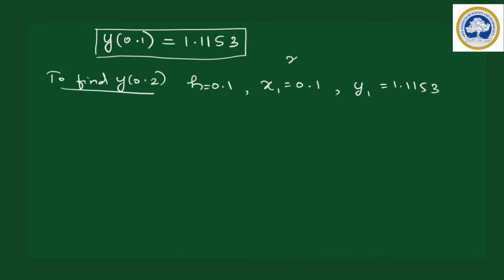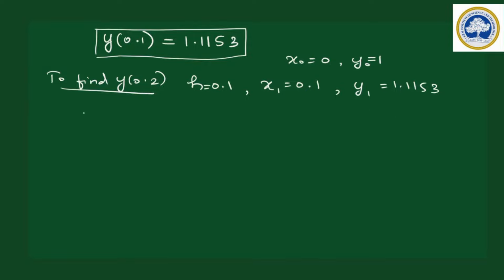Assuming that x naught is 0 and y naught is 1, in the first step we calculated y of 0.1 as 1.1153. So this 0.1 should be considered as x1, the next value to x naught, and y1 will be the next value of y naught, which is 1.1153 we calculated in the previous step. Now using these values, we are going to calculate y of 0.2.